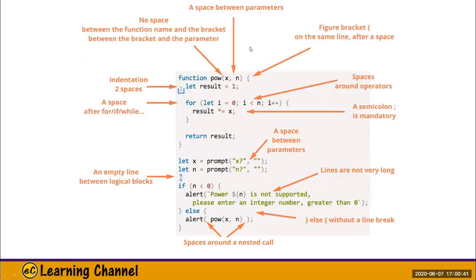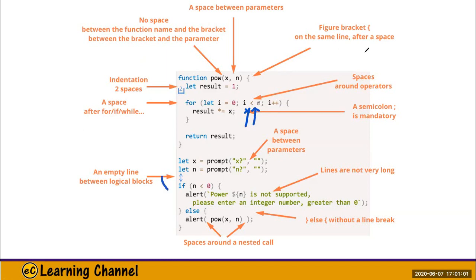This one is a JavaScript language, but it is also applicable to Java. Some people suggest that you should leave some space over here, and then here, an empty line.